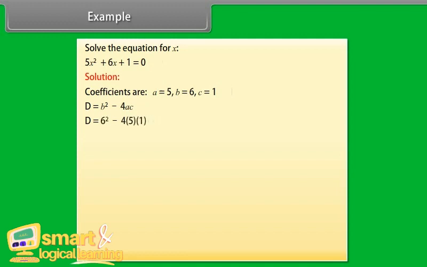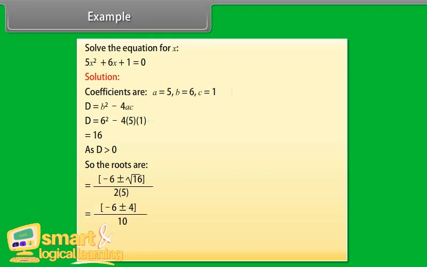D is equal to 6 square minus 4 into 5 into 1 is equal to 16. As D is greater than 0, so the roots are x is equal to minus 6 plus minus under root 16 by 2 into 5 is equal to minus 6 plus minus 4 by 10. On solving, we get x is equal to minus 1, minus 0.2.